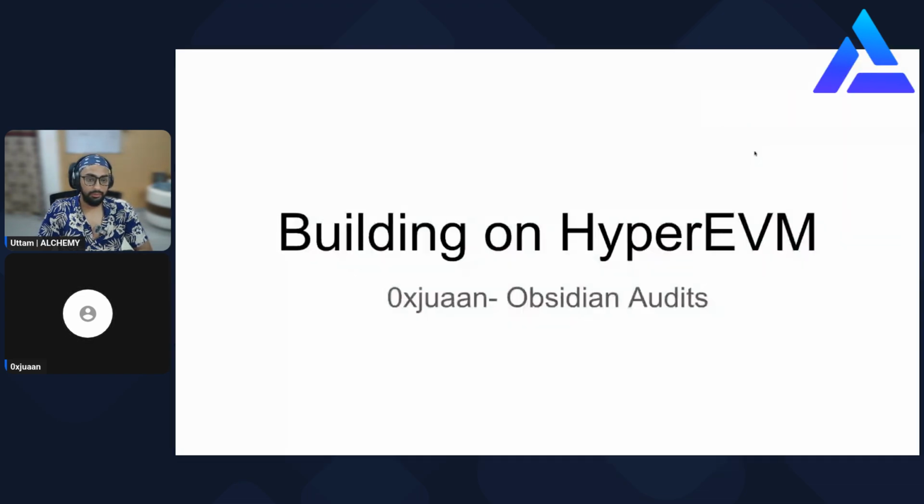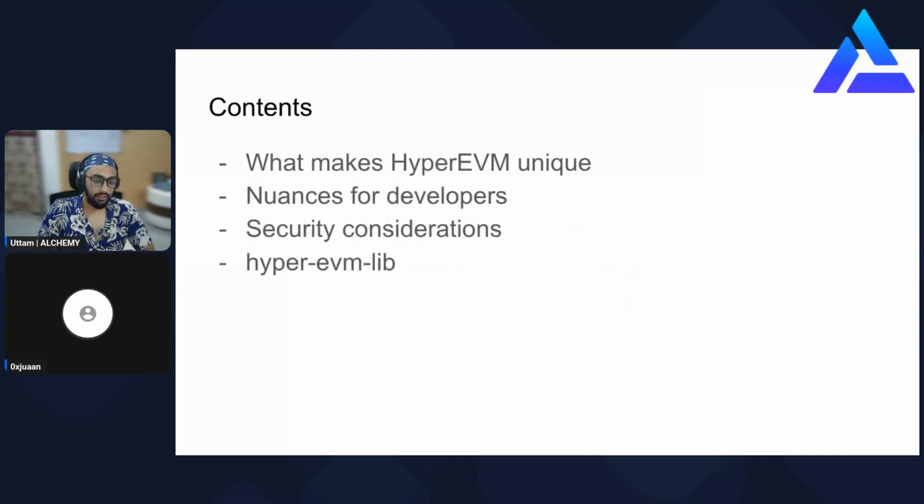Okay, cool. So here's the contents of what I'm going to speak about today. First, just an introduction to what makes HyperEVM unique, like why is it different to all the other EVM chains that we have? And then some nuances for developers who want to leverage this uniqueness of HyperEVM.